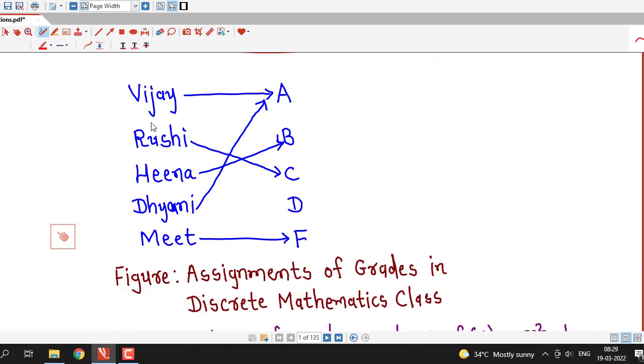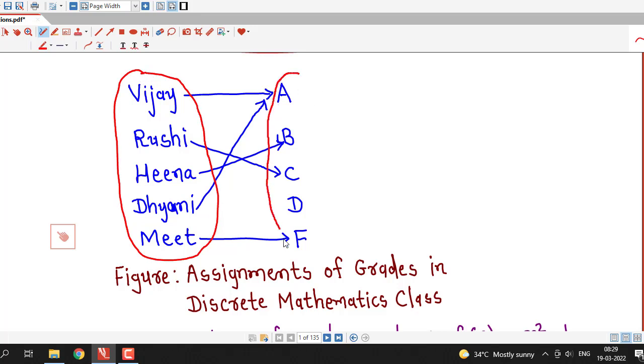I have taken two sets. In one set I have the names of students, and on the other side we have the grades of students they have obtained in the assignments of discrete mathematics class.